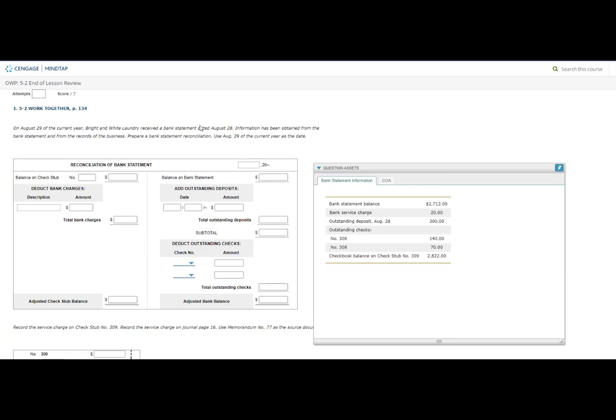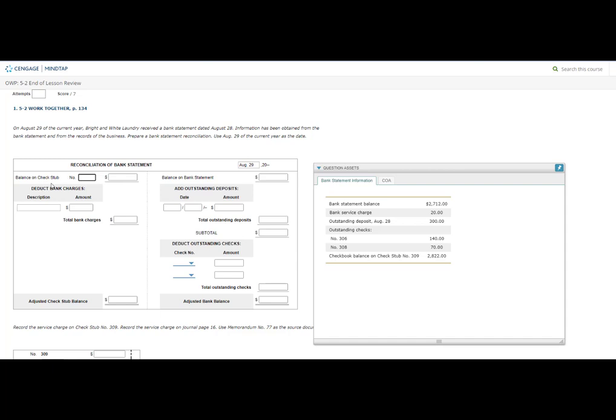And so the date, it says to use August 29th of the current year. So I just use it like this. And so the next thing is I'm going to go ahead and start on the left-hand side.